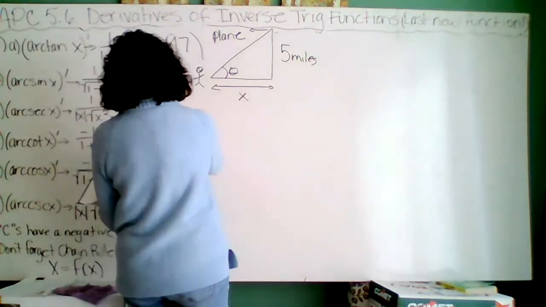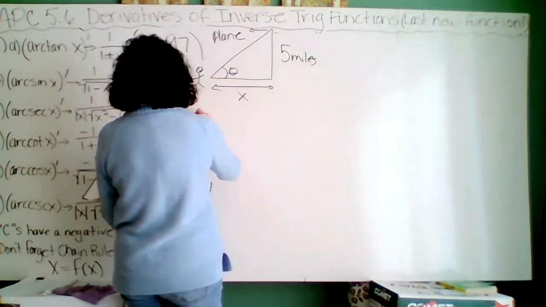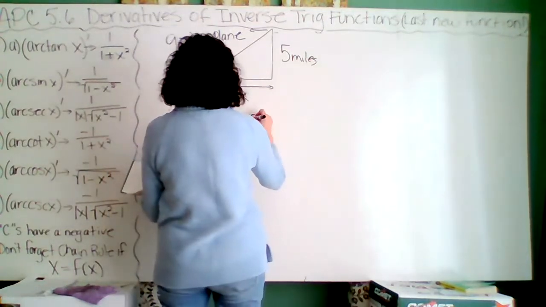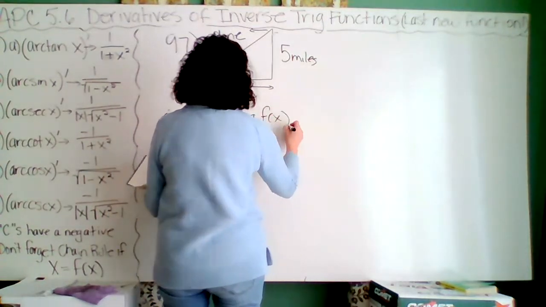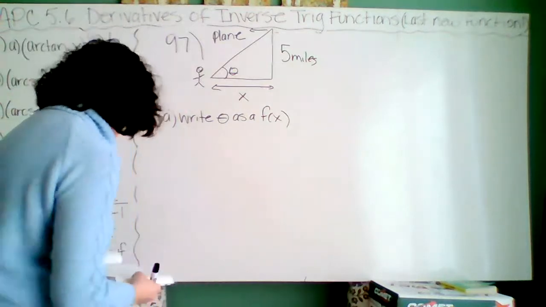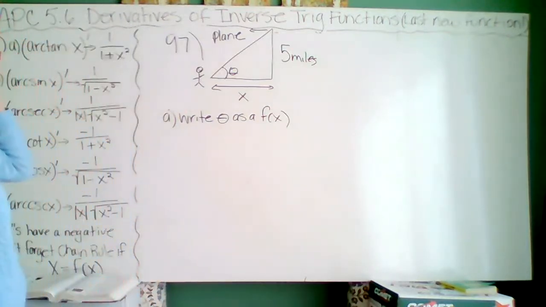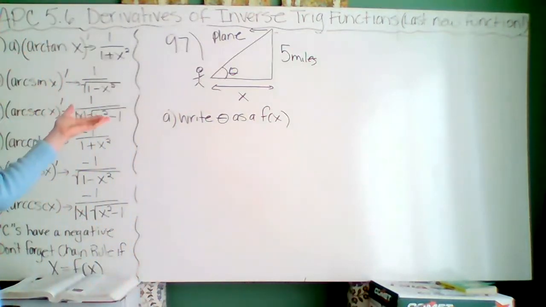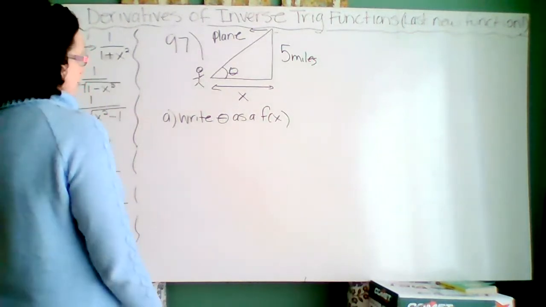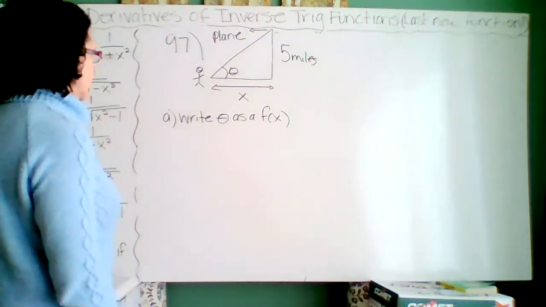And here's what they want from you. It says write theta as a function of x. And then they want you to take the derivative of it. So I thought I'd help you set this up. Okay, well, when I look at my right triangle, I can see that I have an opposite side and an adjacent side.